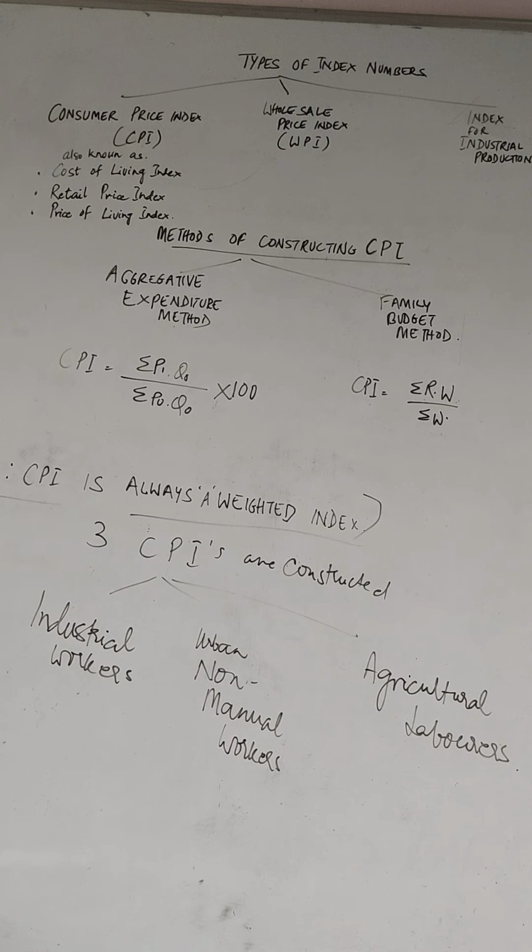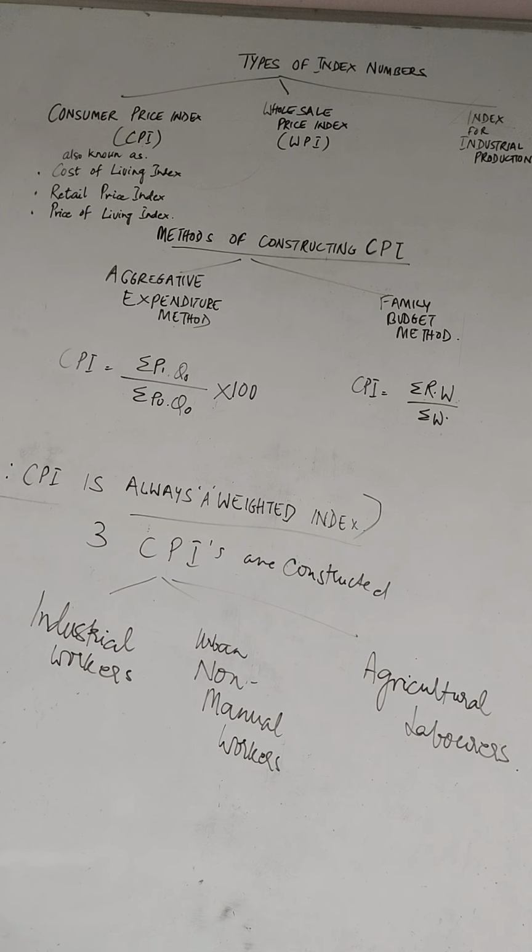Every year it changes. So once again, in India, 3 consumer price indexes are constructed. They are called the consumer price index for industrial workers, the consumer price index for urban non-manual workers, and the consumer price index for agricultural laborers.